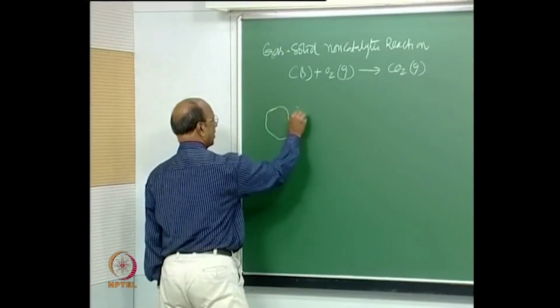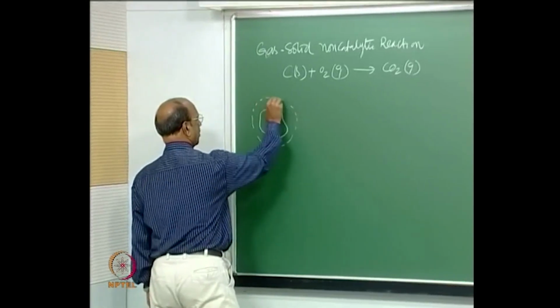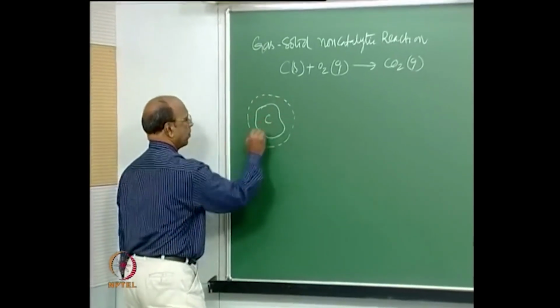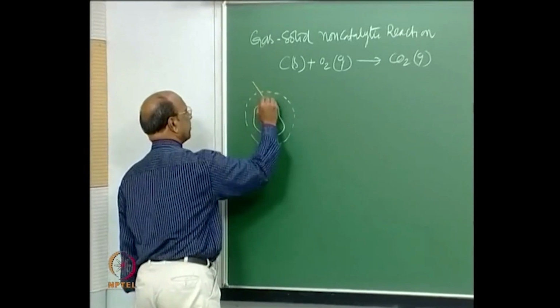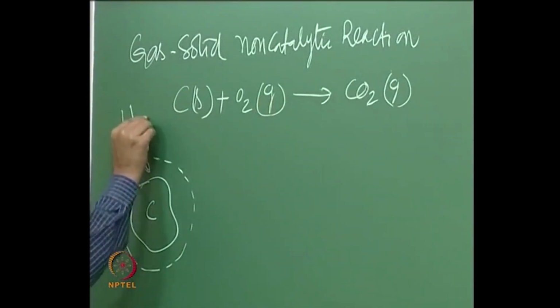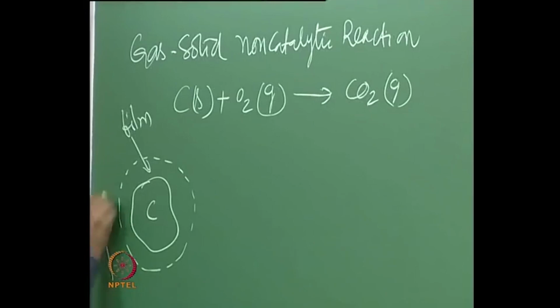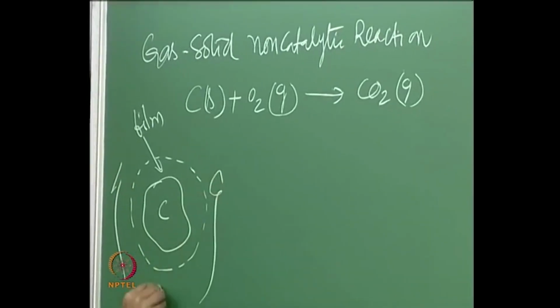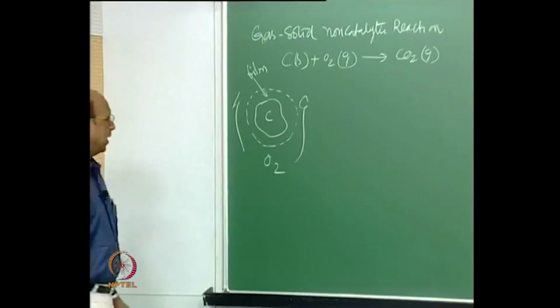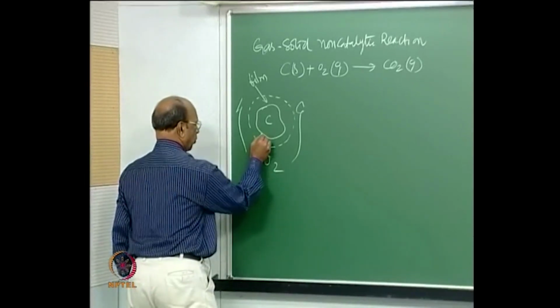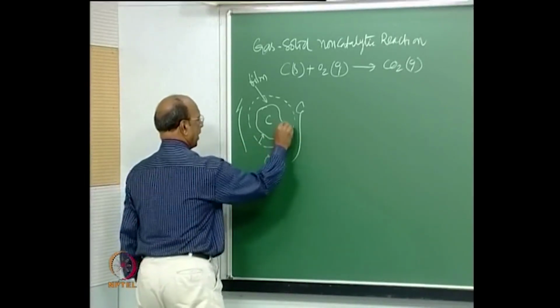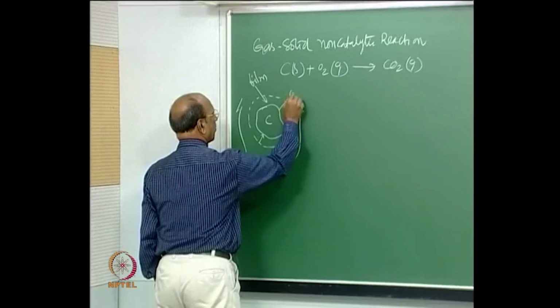We have the solid, this is carbon, then we have a film, and all around we have O2, and O2 has to diffuse to the surface and CO2 has to come out.